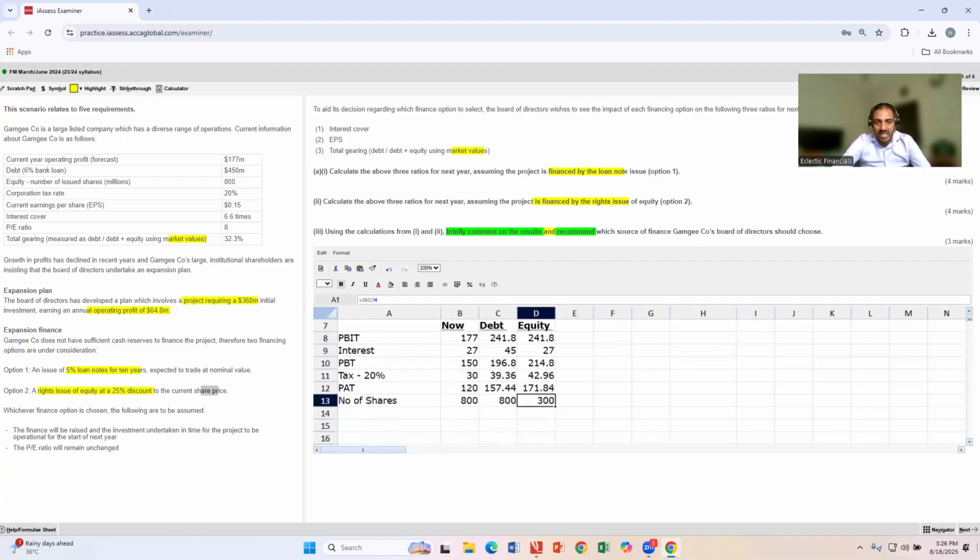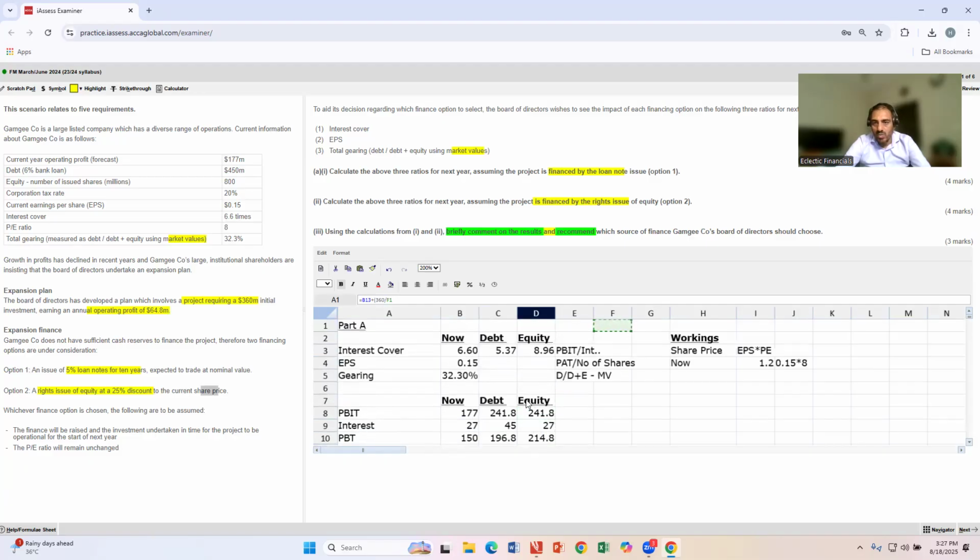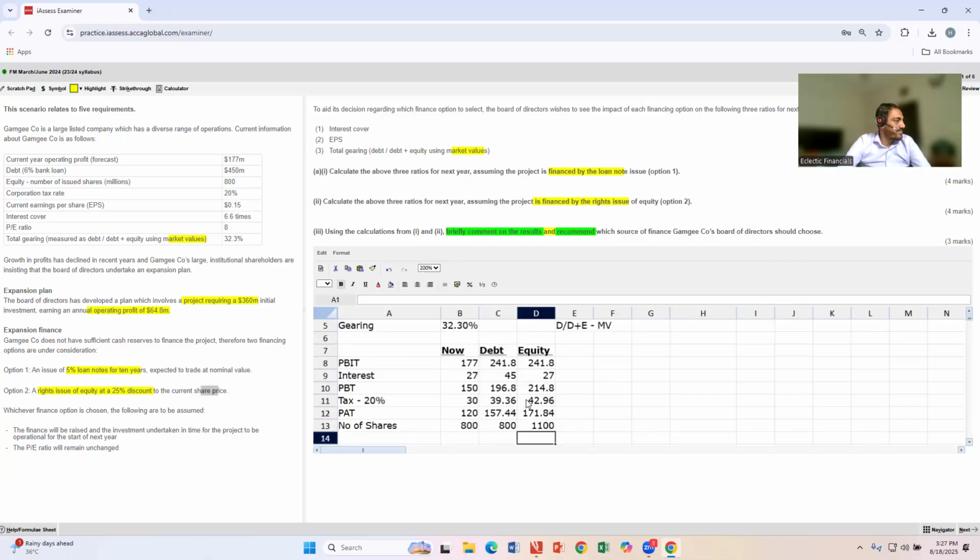So that means existing we have 800 shares plus 360 divided by 1.2.